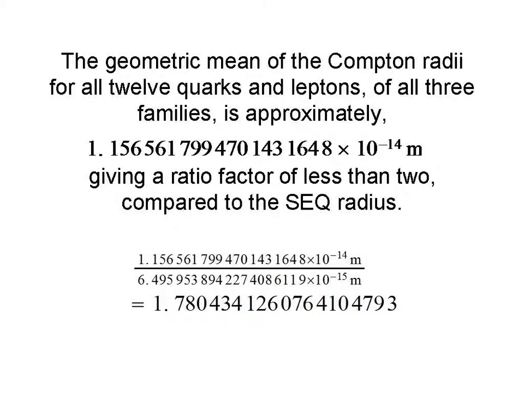Now, if we take the geometric mean of the Compton radii for all 12 quarks and leptons of all 3 families, we get approximately 1.156 times 10 to the minus 14 meters. If we divide it by our radius for the small energy quantum, we're off by a factor of about 1.78. It's off by less than a factor of 2 compared to the SEQ radius. They're very close.